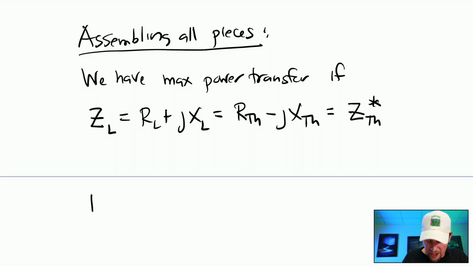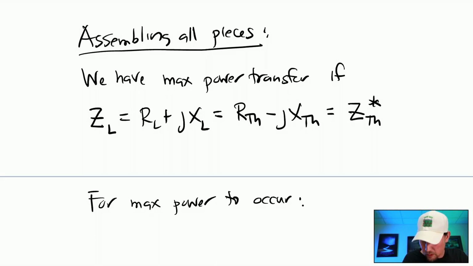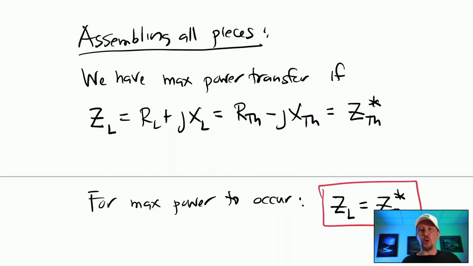So for max power to occur, we must have that the load impedance is not equal to the Thevenin impedance of the linear network. It must be equal to the complex conjugate of the Thevenin impedance.